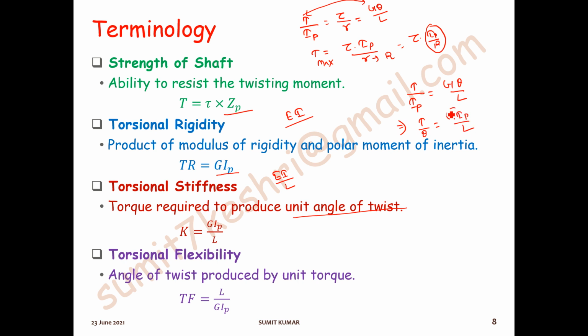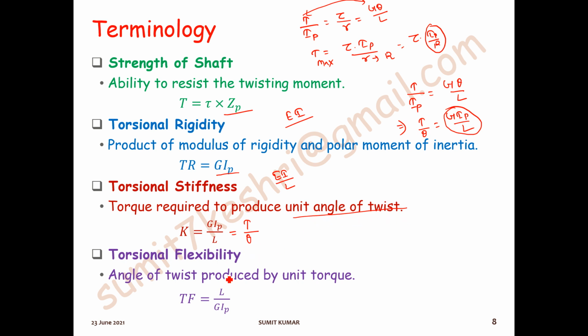And this term is nothing but the torsional stiffness. So we can write torsional stiffness as T by theta. That's why it is also defined as the torque required to produce unit angle of twist.